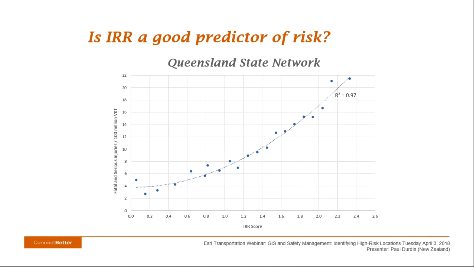And we can see that IRR is a very strong predictor of personal risk. We can't get much better than a correlation coefficient of 0.97. So we can see that as IRR score increases, safety performance deteriorates.